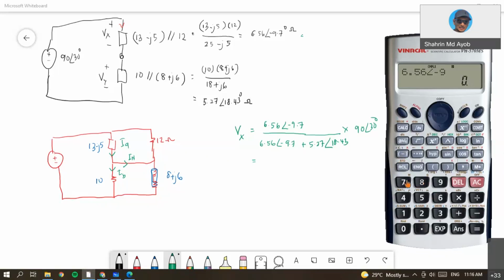I do the bottom first. So 6.56 angle negative 9.7 plus 5.27 angle 18.43, and then multiply with 6.56 angle negative 9.7, and then inverse. Then multiply with the voltage source.